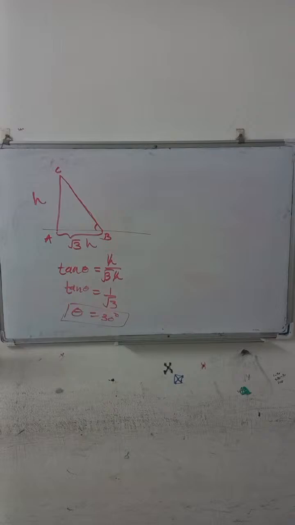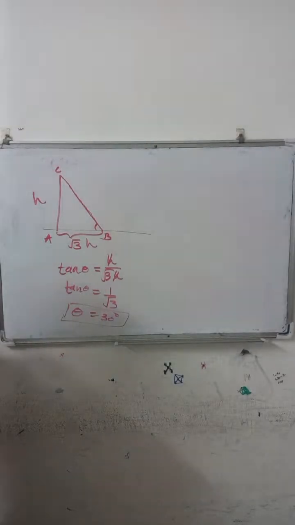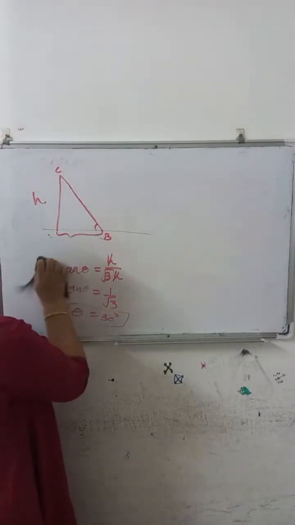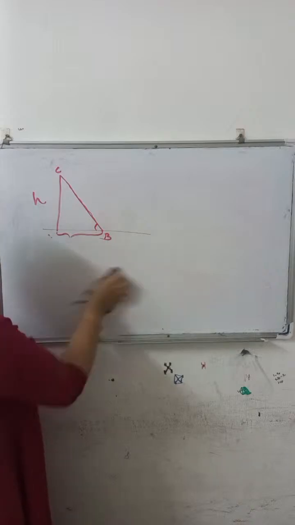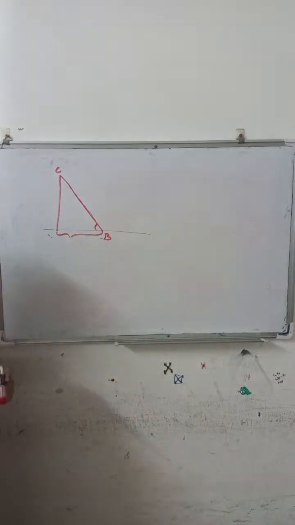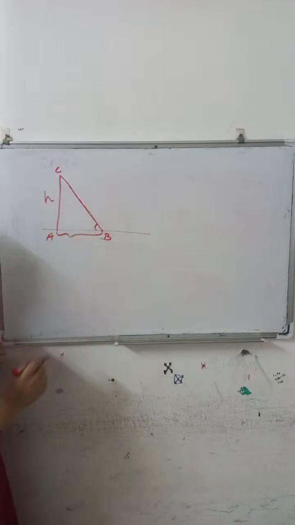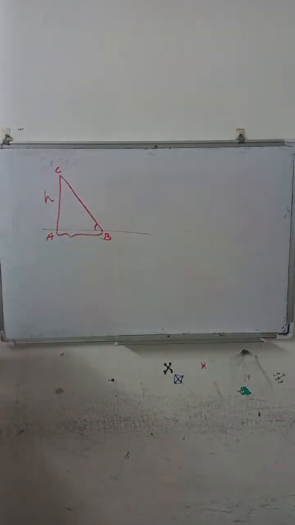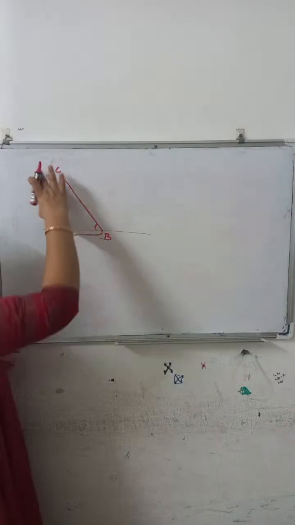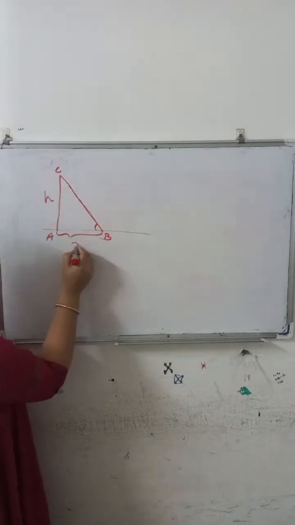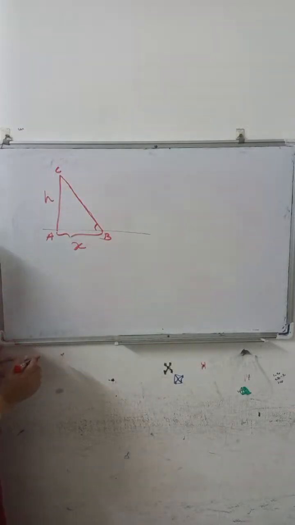Can you draw the diagram? Same again. Here we have a tower with height h, and it casts a shadow, which I am taking as x.